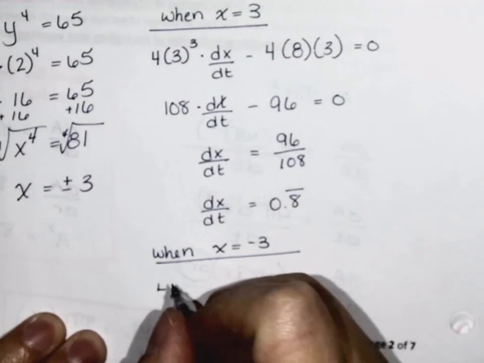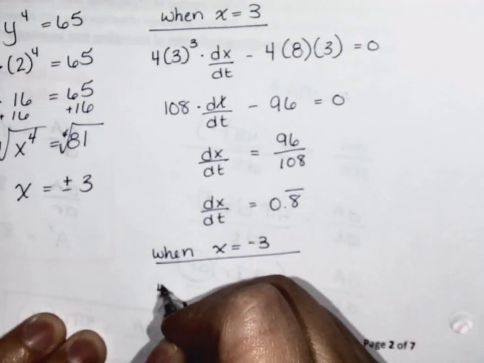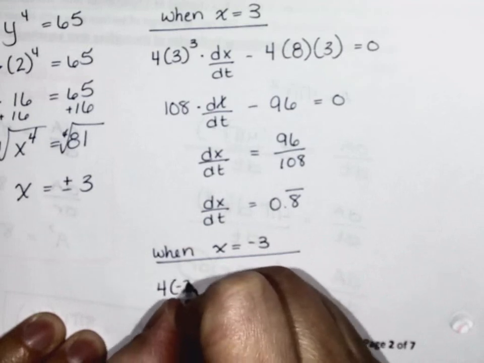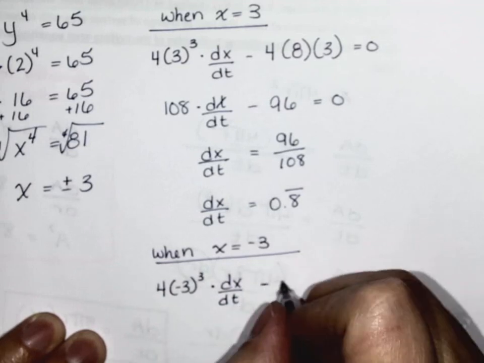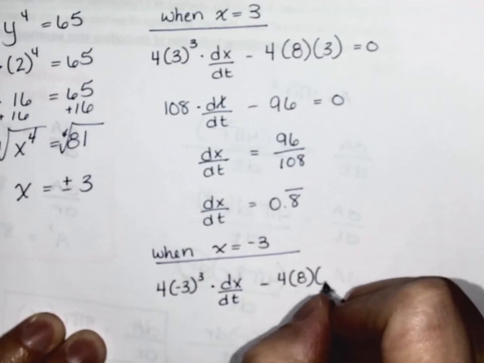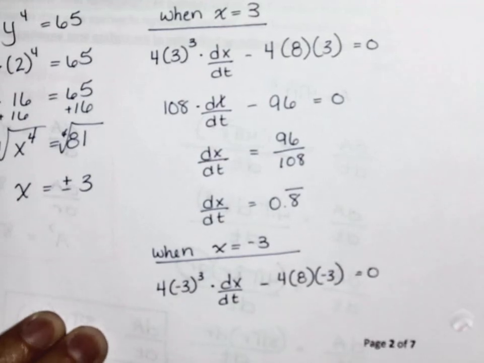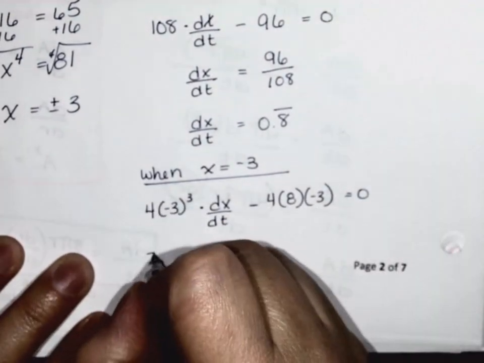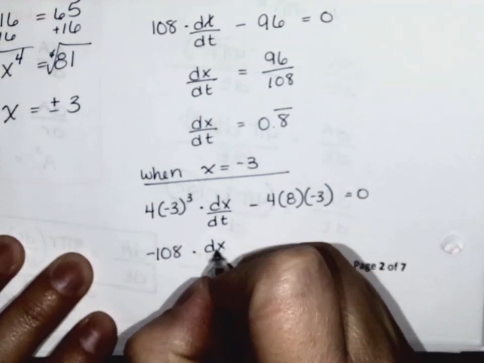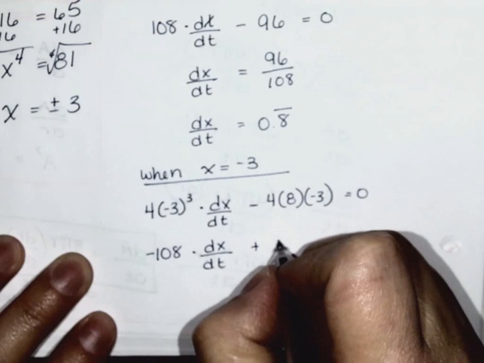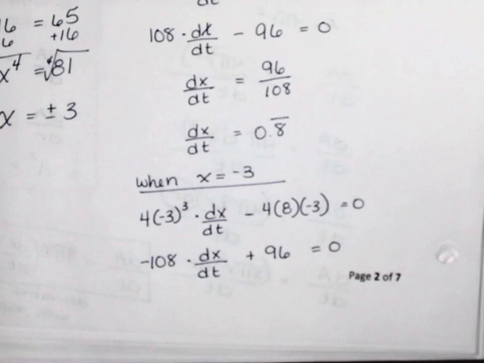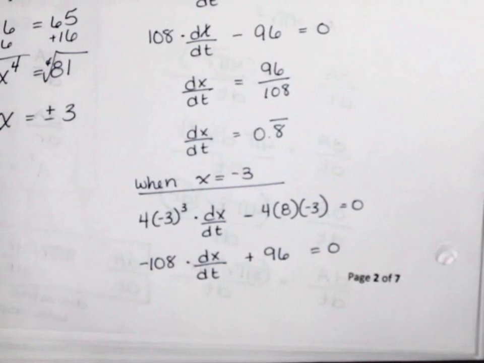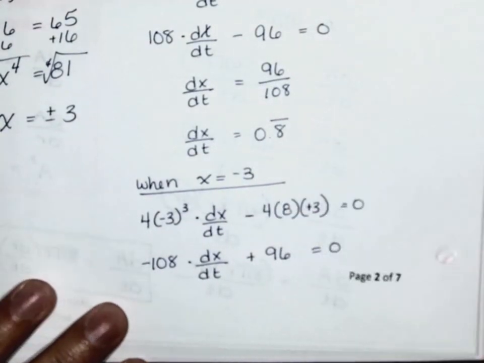Let's write it down. This should still be a positive 3. It's the same number.